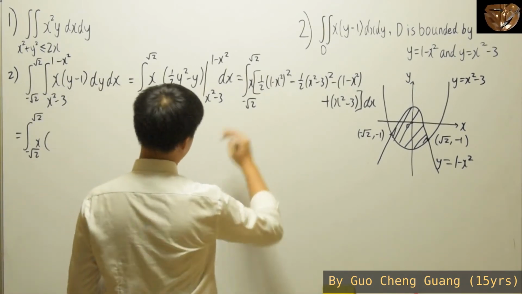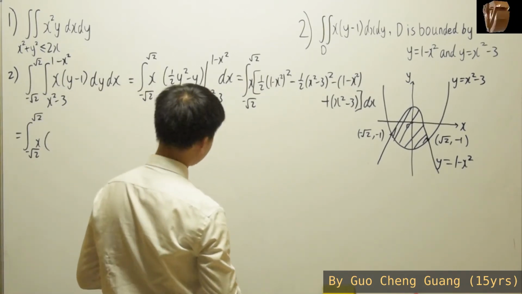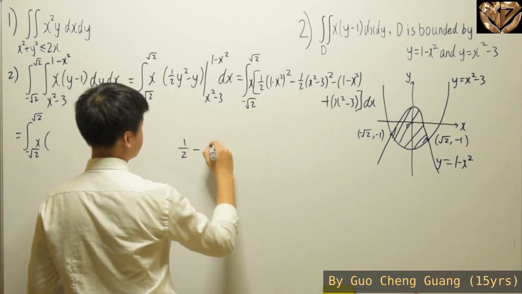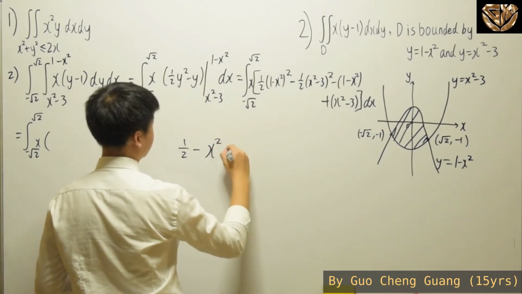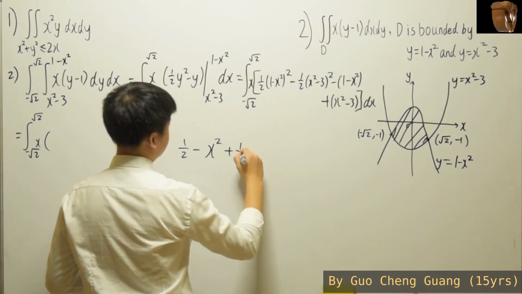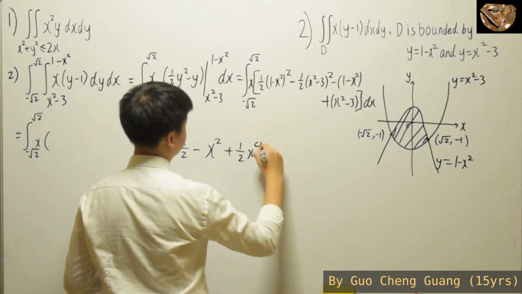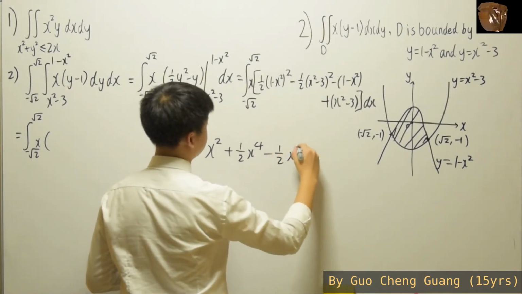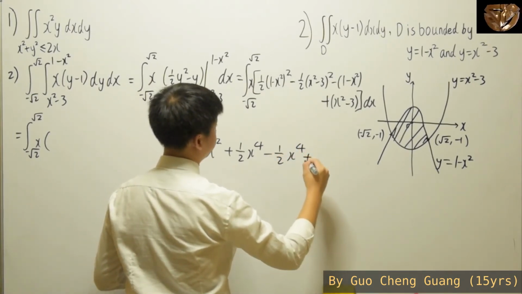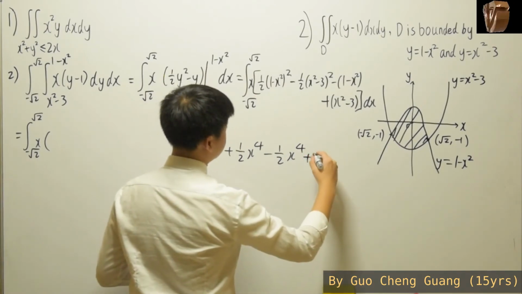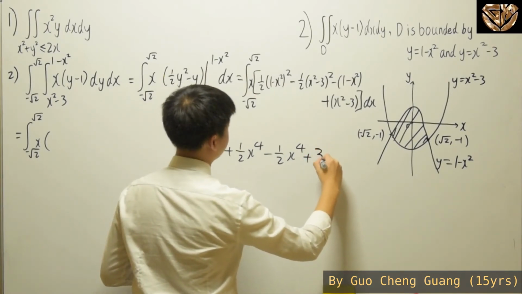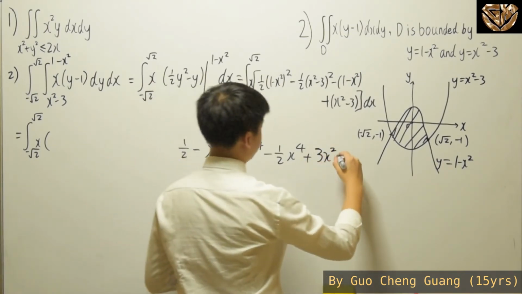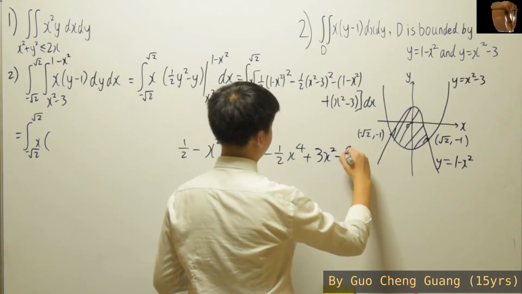So from the first term, you're going to have half minus x squared plus half x to the power of 4. For the second one, you're going to have minus half x to the power of 4. Then you have to add on 3x squared and then subtract 9 over 2.